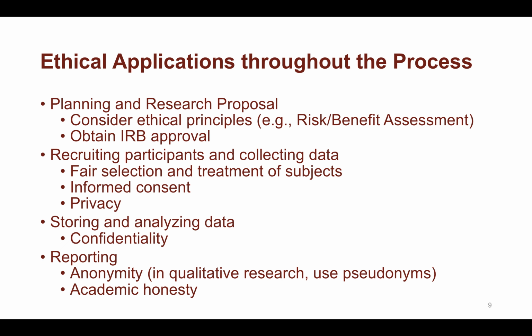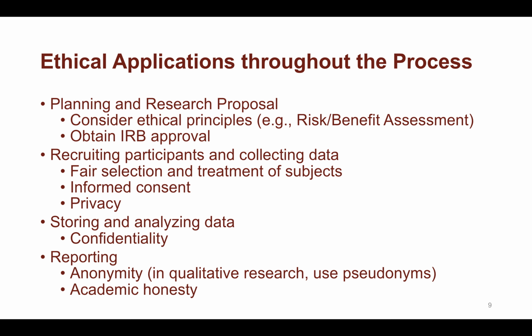So I mentioned before that throughout the research process, different ethical considerations can arise. So at the planning and proposal stage, the researcher needs to consider the different ethical principles that we've talked about. For example, they need to perform a risk-benefit assessment, and they need to apply and obtain IRB approval. After this happens, they can begin recruiting participants and collecting data.